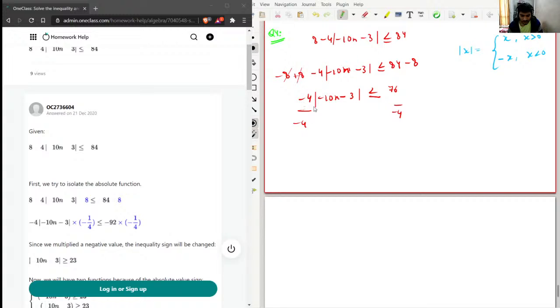But in this case, I have divided both the sides by a negative number, so I have to change the inequality sign. So the magnitude of minus 10n minus 3 will be greater than equal to 76 by 4, which is 19. So this will be minus 19.